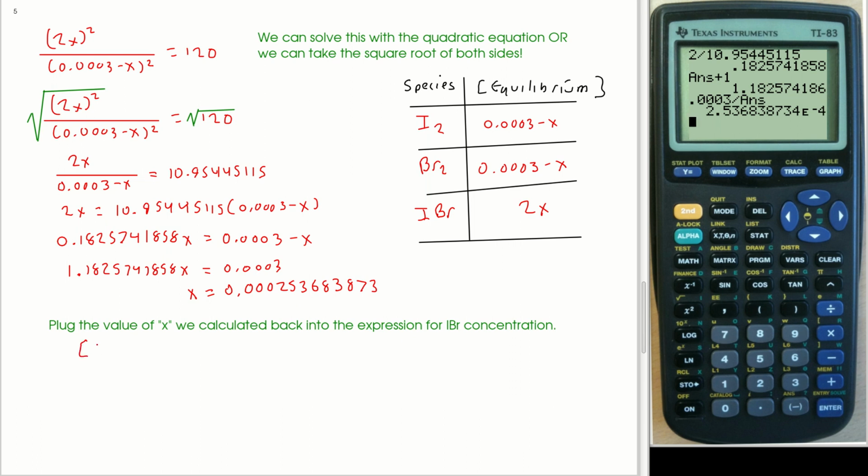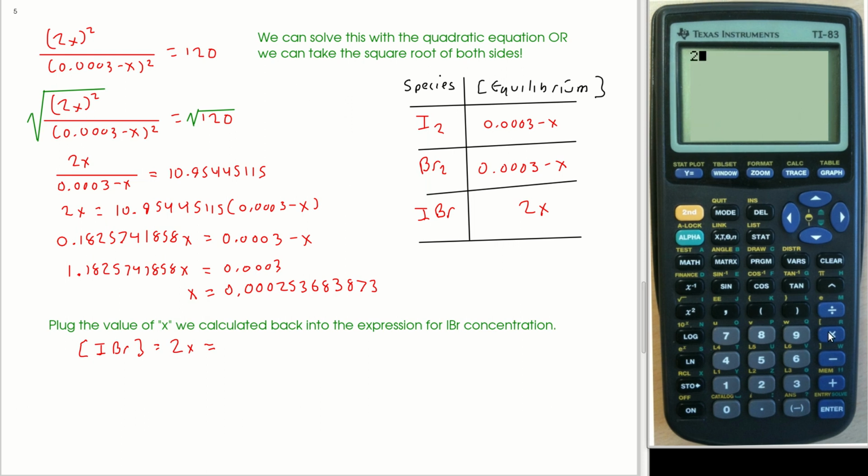So concentration of iodine monobromide is equal to 2x. So that equals 2 times 0.002353683873.